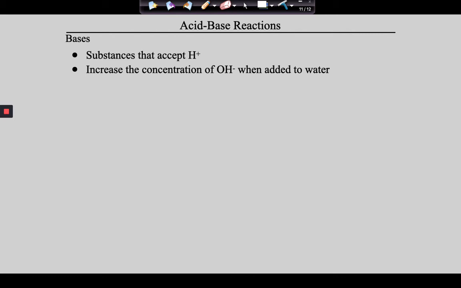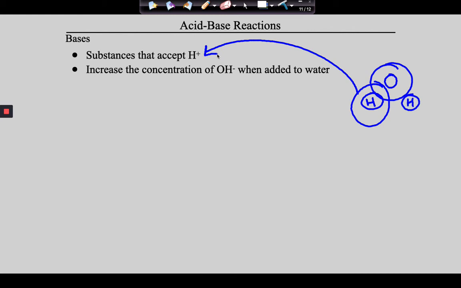What on earth is going on? Well, guys, draw a picture with me. This is a water molecule. Hydrogen, oxygen, hydrogen. So guys, check this out. What do bases do? They steal hydrogens. So guys, if a base steals a hydrogen from water, what's left over?